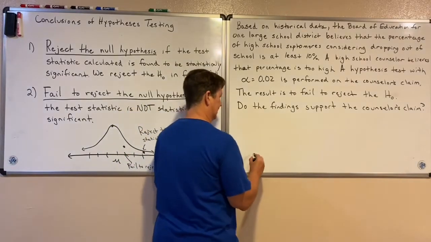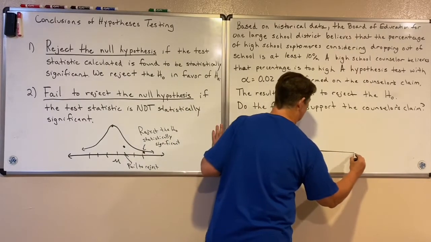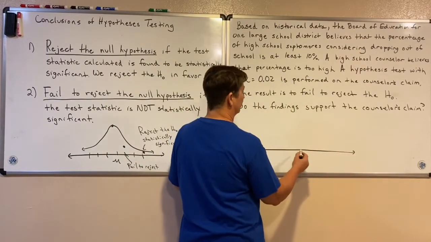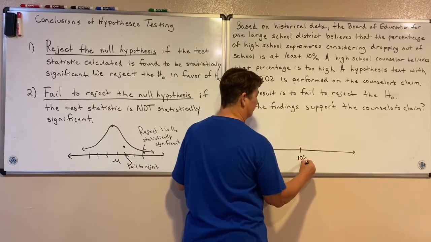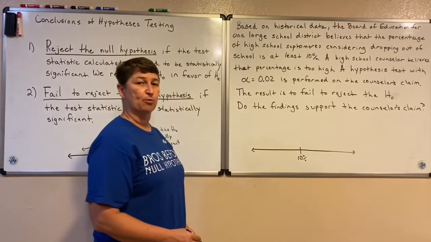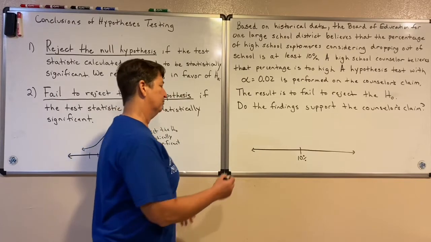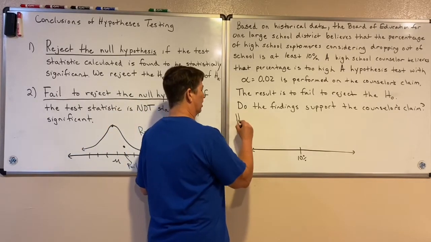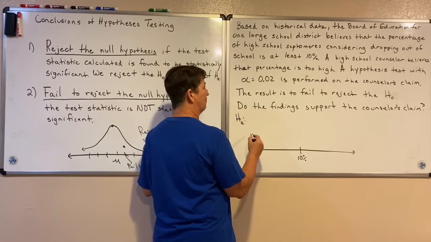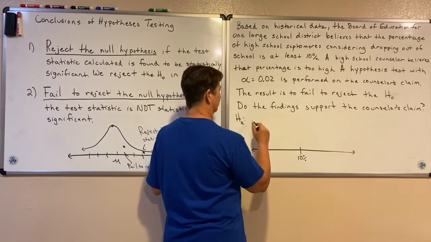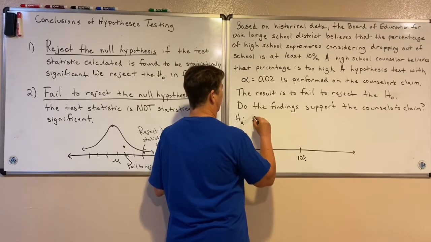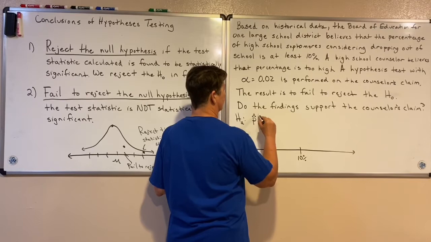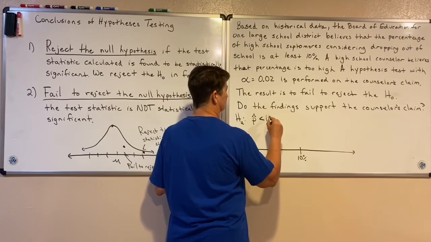Remember that again, when we collect our sample, our mean would be here in the middle. In this case, it would be 10%, or in this case, a proportion. Our proportion would be in there in the middle, 10%. And our alternative hypothesis here, the counselor is claiming that that proportion is less than 10%.